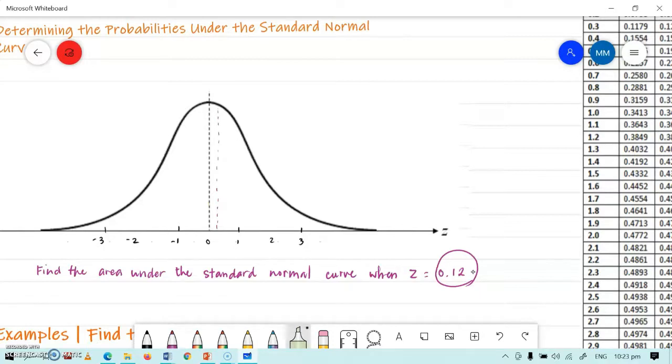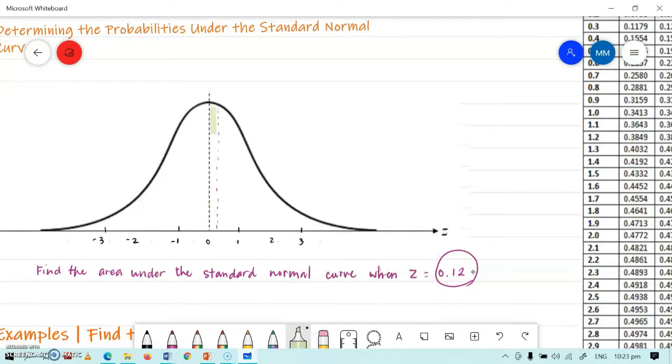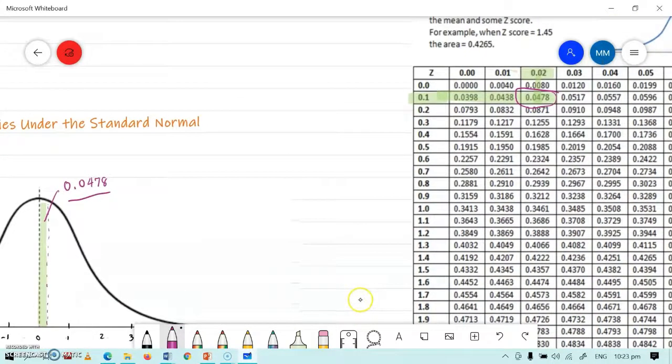Alright, and shading that part, the entire region from 0 to z equals 0.12, that shaded region has an area of 0.0478, which we determine with the use of our z-table.